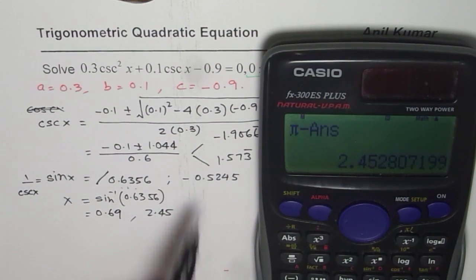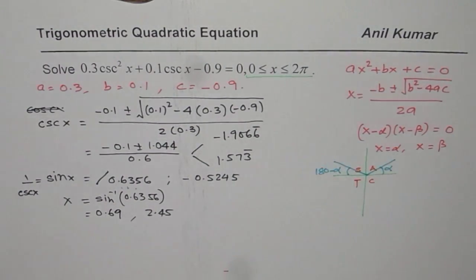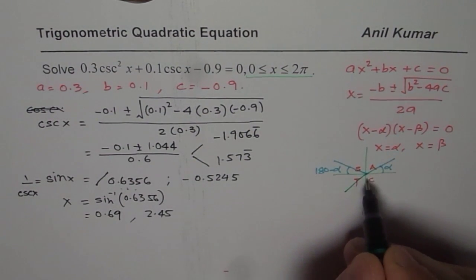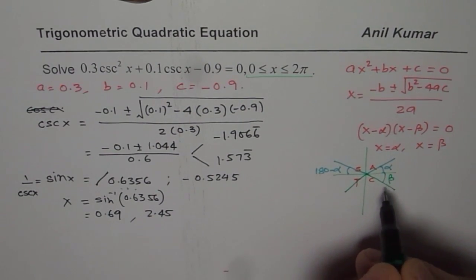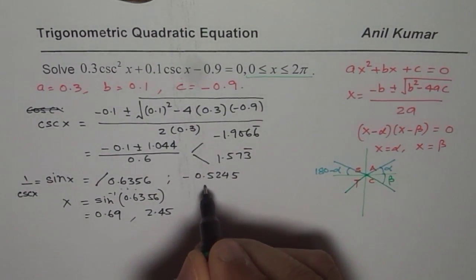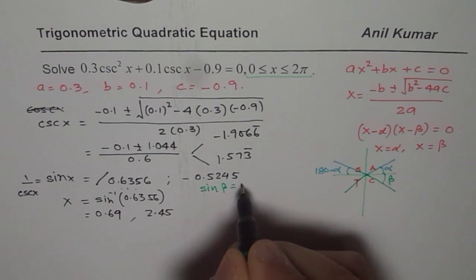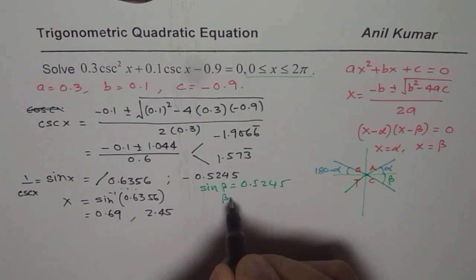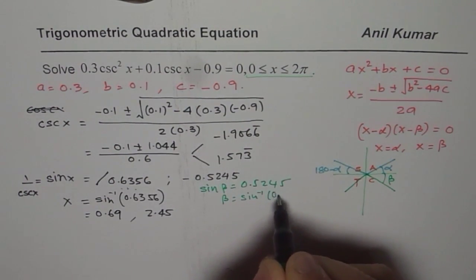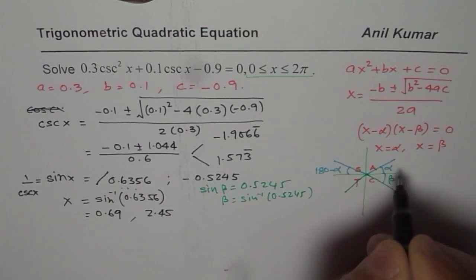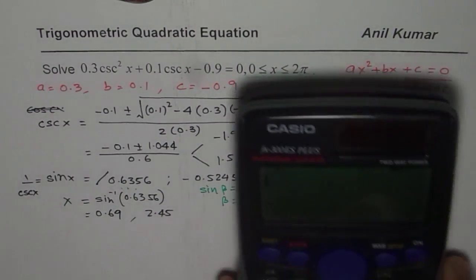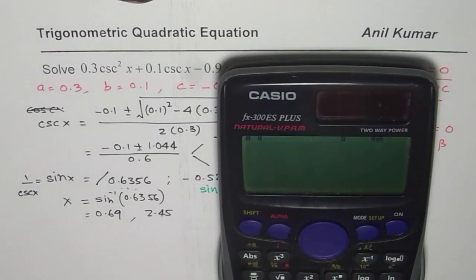Similarly, let's find the two solutions for negative 0.5245. Negative 0.5245 really means that we are looking for solutions in quadrants 3 and 4, right? Let's say that angle is beta. So sine beta is equal to 0.5245. Let's find the acute angle first. So beta will be equal to sine inverse of 0.5245.